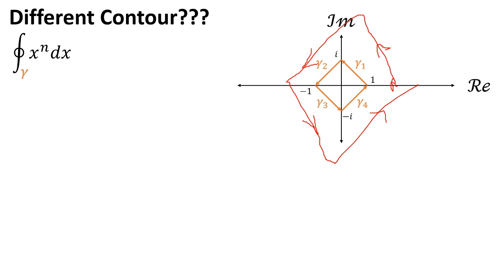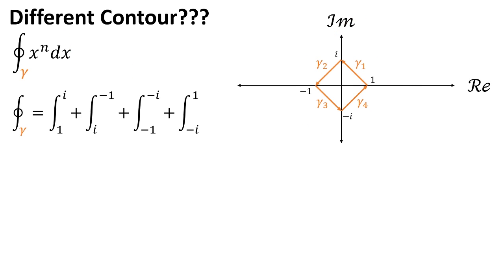But we're going to do the same function, okay? The same x to the n function, where n is any integer. As you can see, this contour integral can be broken up into 4 different straight, normal integrals. And this is what you see here, this shorthand, so I don't have to write all this nonsense in here for everyone.